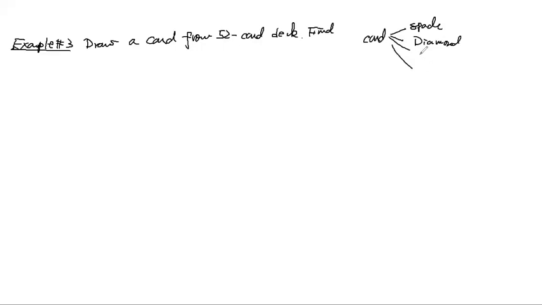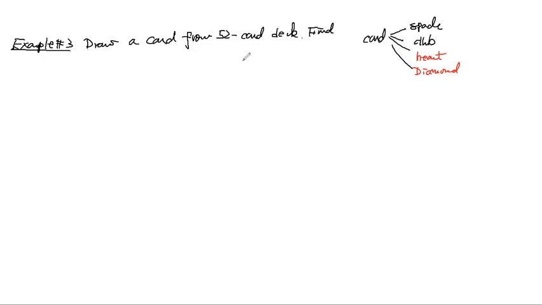And then we also have a heart. Oh, I'm sorry, the diamond is red. Diamond is red here. And then the black one is club. So we have 2 red and 2 black suits.